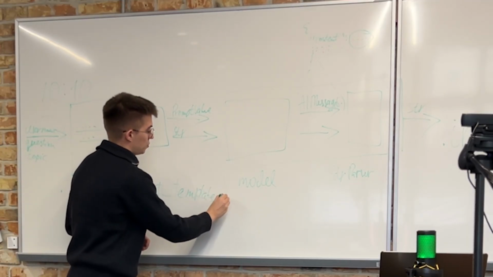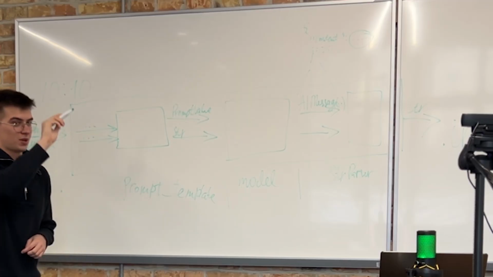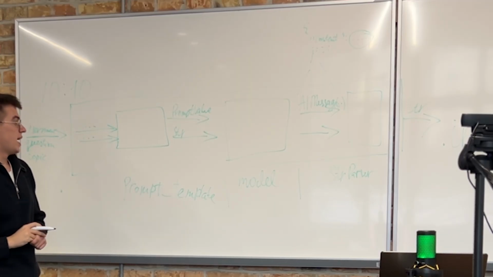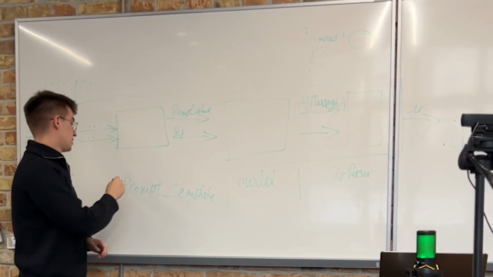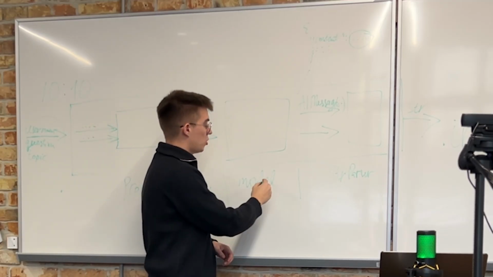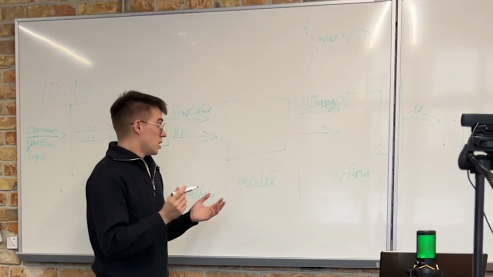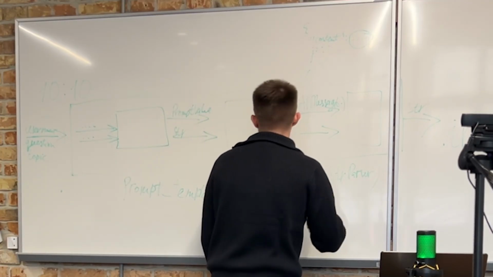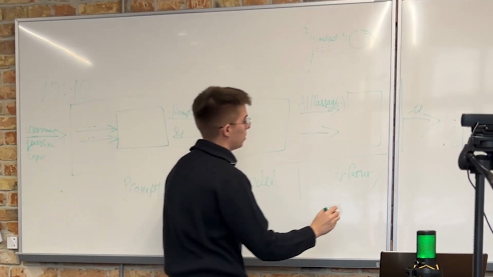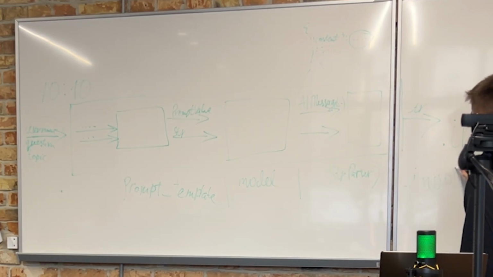We just need to add this symbol, and it means that the output of the prompt will be the input of the model, and the output of the model will be the input of the string parser. And that's it. We just call invoke, and everything works.